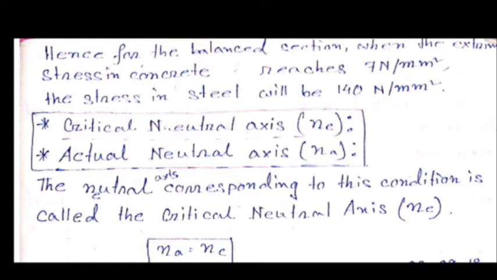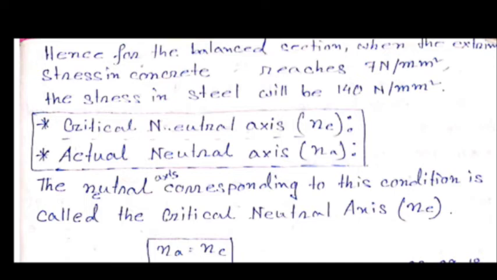The position of the neutral axis with this condition is called the critical neutral axis, which is denoted by small n suffix c in case of WSM. There is another term, the actual neutral axis.